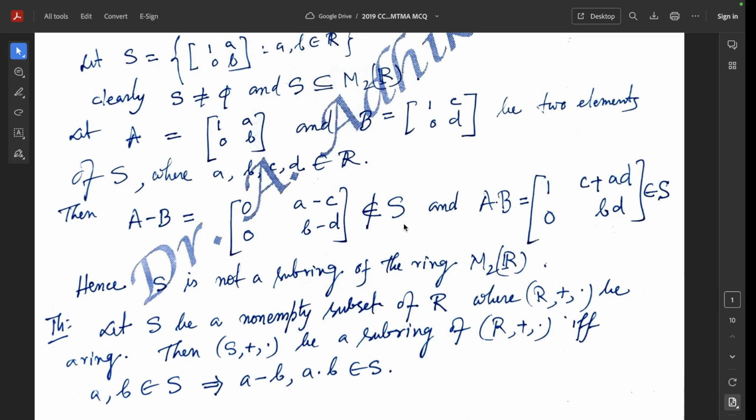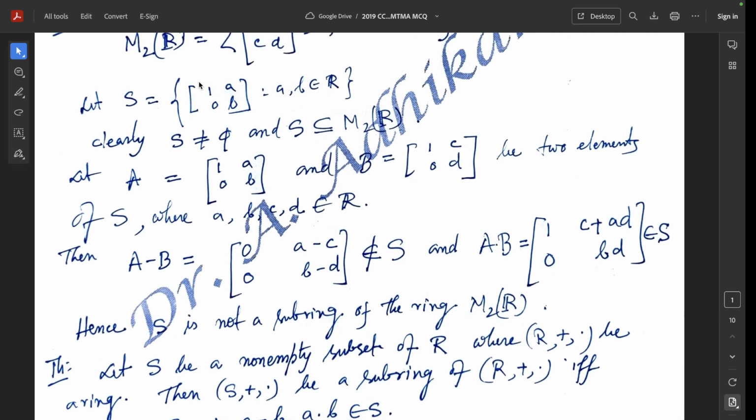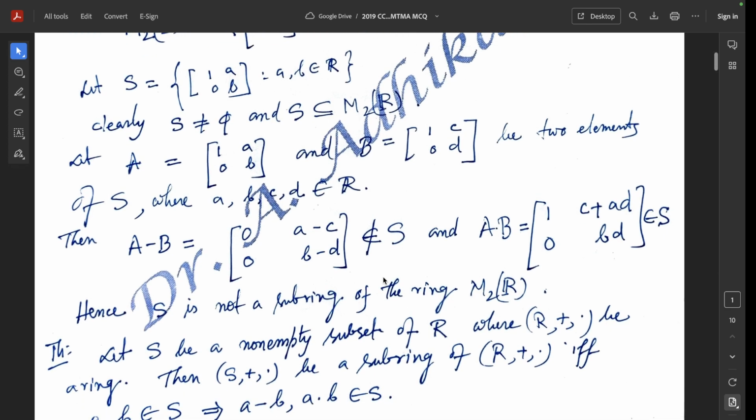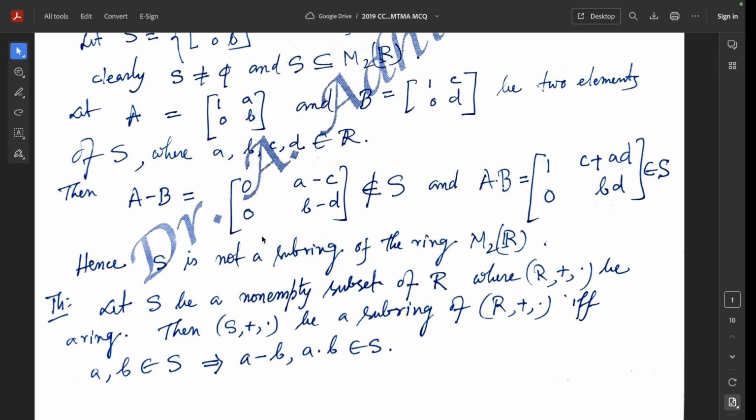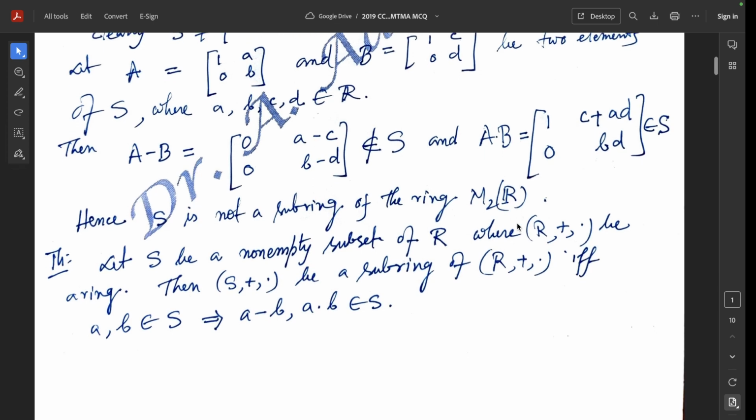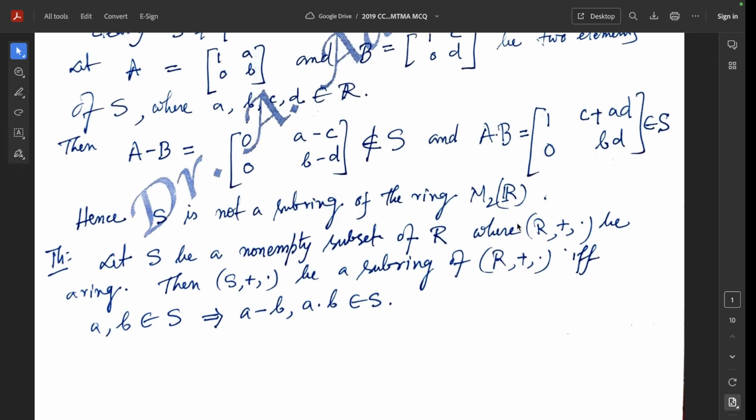This does not belong to S, because if a 2 by 2 matrix belongs to S, then its 1-1 position is 1, and its 2-1 position is 0. But AB, the matrix multiplication, is equal to [1 c+d; 0 bd]. Obviously, this belongs to S. Hence, S is not a subring of the ring M2(R) with respect to usual matrix addition and matrix multiplication.